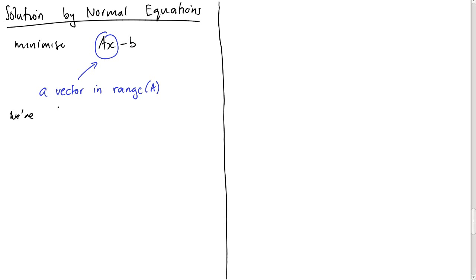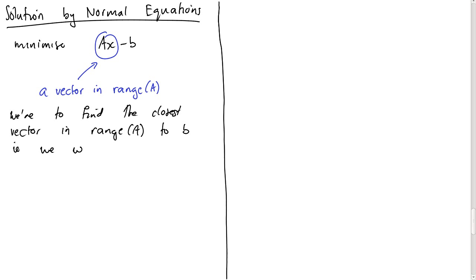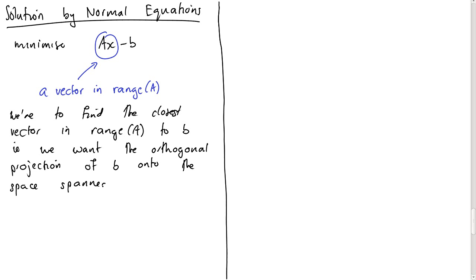We're trying to find the closest vector in range A to B. I.e. we want the orthogonal projection of B onto the columns of A. Okay, makes sense?